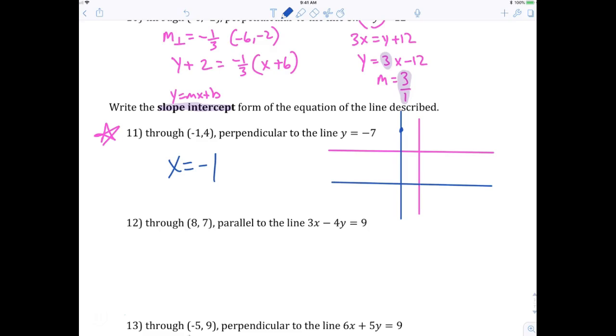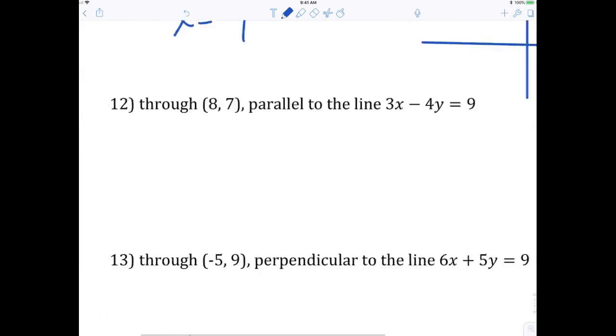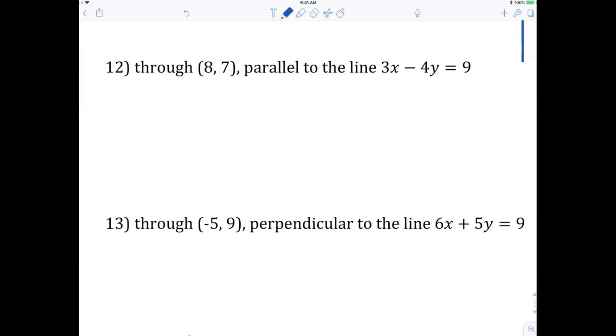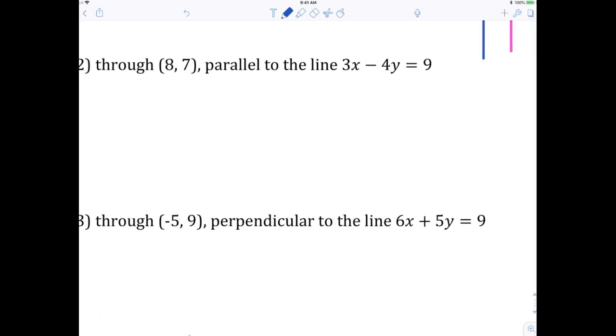All right? Now, the next one, number 12. I'm looking for parallel. Parallel means I have to have the same slope. So here we go, guys. Moving the 4y over. 3x equals 4y plus 9. 3x minus 9 equals 4y. Now I have to divide by 4.